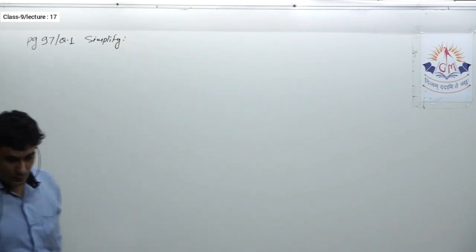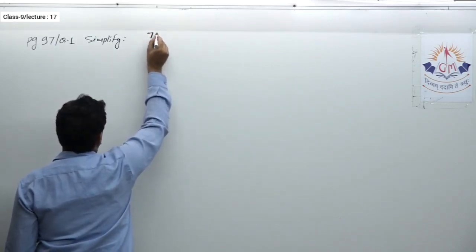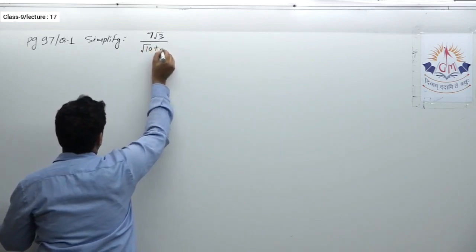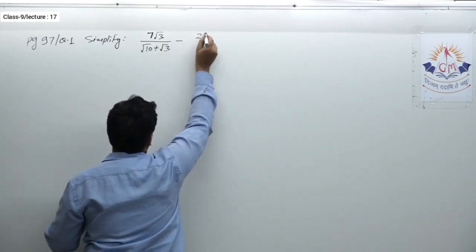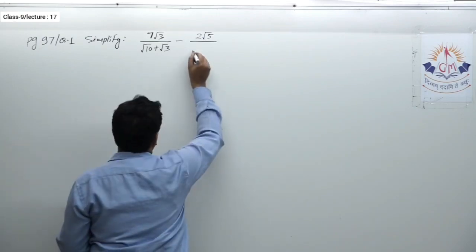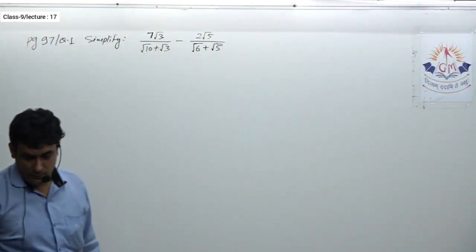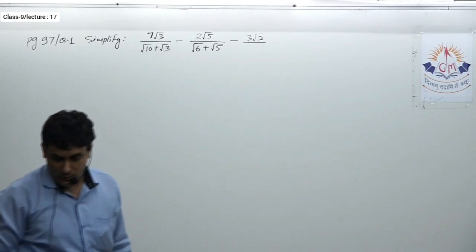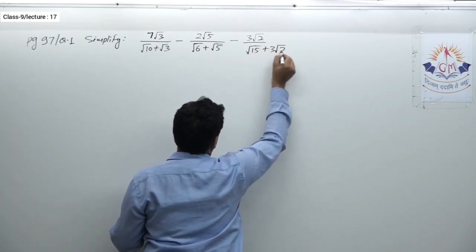Simplify. Okay, it is 7 upon root 3, 7 root 3 upon root 10 plus root 3, then minus 2 root 5 upon root 6 plus root 5, minus 3 root 2 upon root 15 plus 3 root 2.